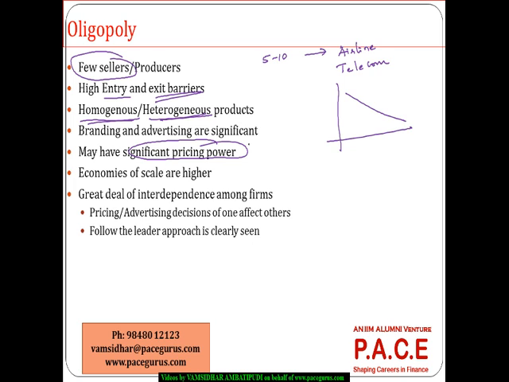But what we typically see, when I compare it with monopolistic competition, is the demand curve may be either more elastic in some cases or less elastic in some cases. And economies of scale are much higher, because they are able to capture a significant market share, because there are very few players and all of them are more or less equally sized.